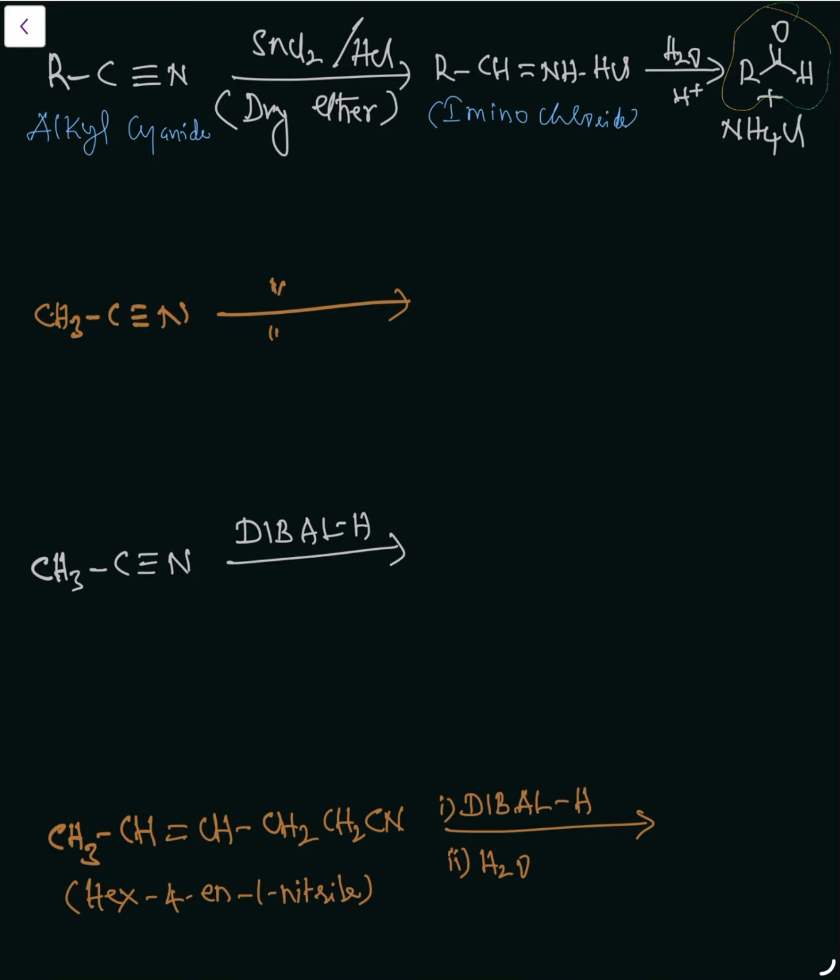Then the compound formed is CH3CH double bond NH.HCl, which on hydrolysis in the presence of an acid gives CH3 C double bond OH. Acetaldehyde is formed. Along with acetaldehyde, ammonium chloride.